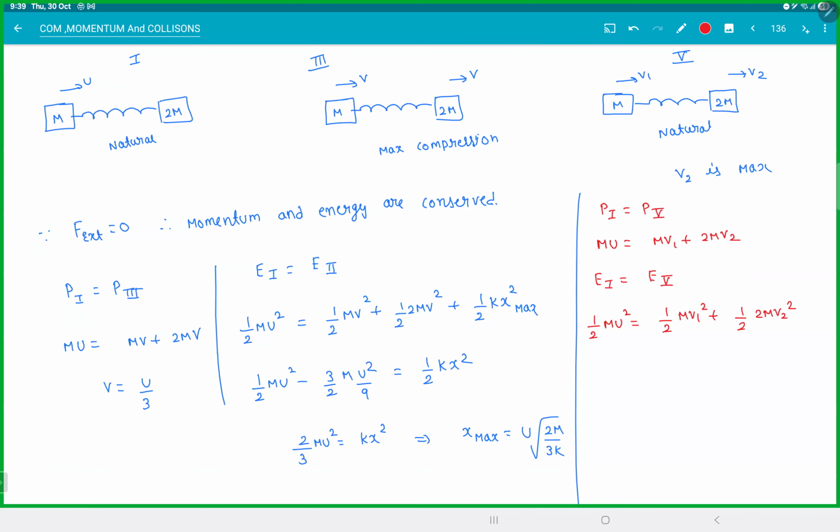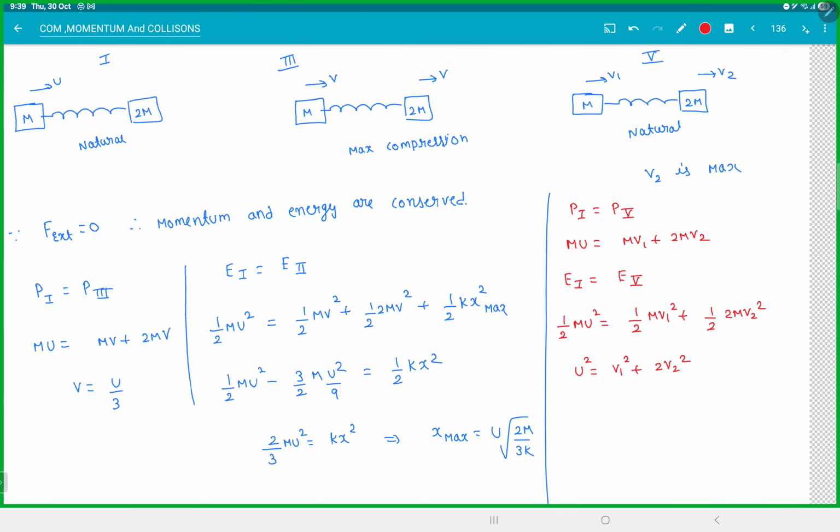There's no spring energy, because it is 0. So if you take that, you want to find v2, right? So eliminate v1. Half goes off everywhere, m goes off everywhere, we get u square is v1 square plus 2v2 square. So from here we get u is equal to v1 plus 2v2.